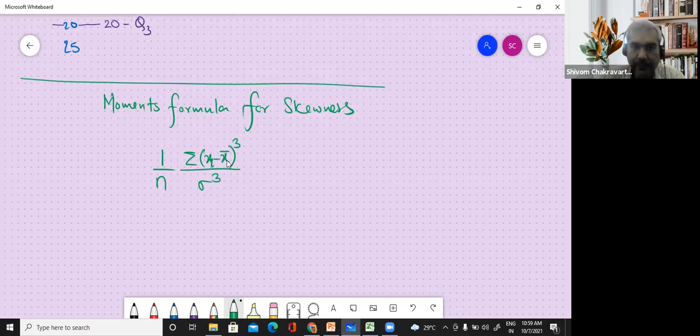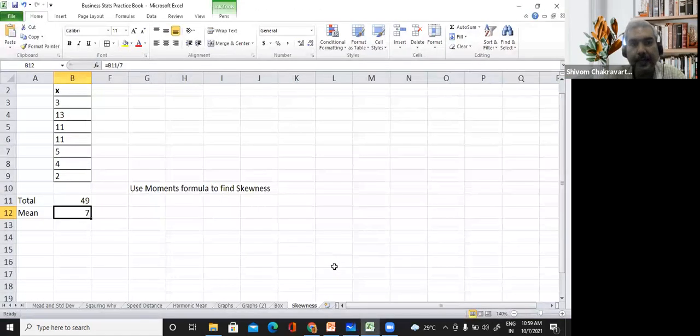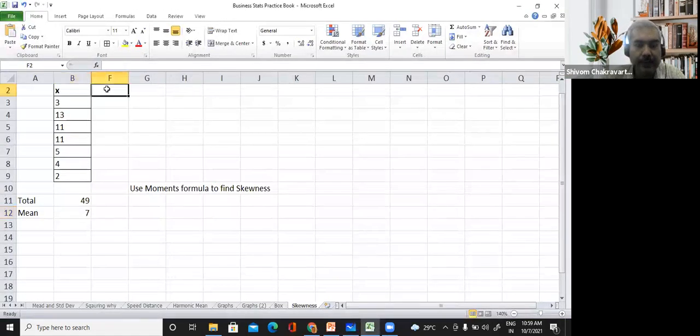So we can have a column here: xi minus x bar. 3 is the xi here, minus x bar, which is fixed at 7, so 3 minus 7.